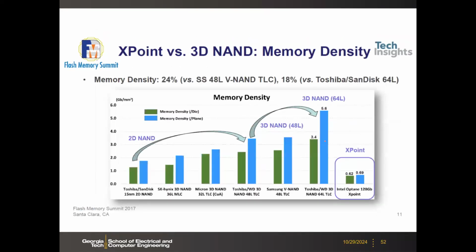But this is less than 3D NAND. 3D NAND at that time had just started, but compared to the first few generations of 3D NAND, it was about 2 or 3 gigabit per millimeter square. This one is still less than 1 gigabit, so it's about 3 or 4 times lower density than 3D NAND. So it's somewhere in the middle in terms of density.